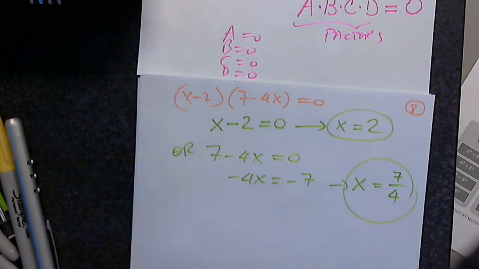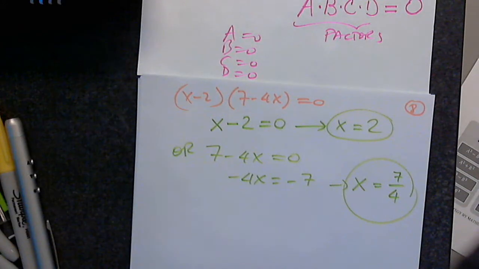Negative 4 multiplies x, so we have to divide both sides by negative 4 in order to solve for x. We forgot how to solve linear equations from test 1, right? I'm moving 7 to the other side and it becomes negative 7. I have to divide by negative 4 to get x. Right? This was from 3 months ago.